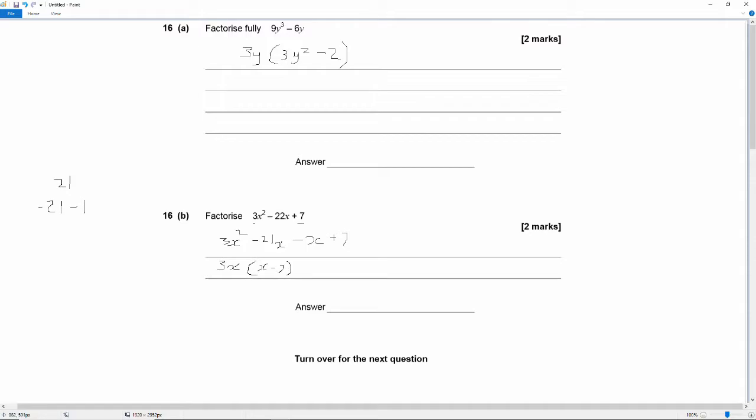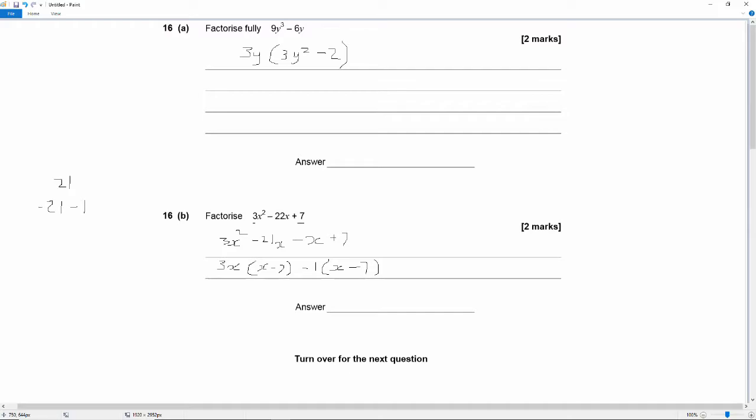And now turning to the other part of the expression. Negative x plus 7, well, what can we pull out of that? Well, nothing really, but we can pull out a minus 1. If we pull out minus 1, we can turn the x term positive and the 7 term negative, which will be the same as the one we've already got in brackets. So if I say minus 1 times x minus 7, then I've got x minus 7 common to both terms.